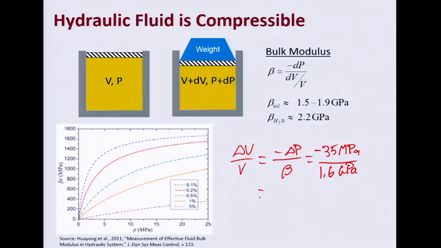I end up with compressibility of right around minus 2.2%. So our oils are usually 1 to 3, maybe 5% compressible, depending on how much air is in that oil. So often it's a reasonable assumption that it's incompressible, but in some cases this does become important.